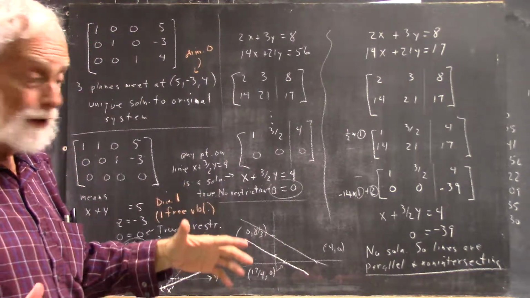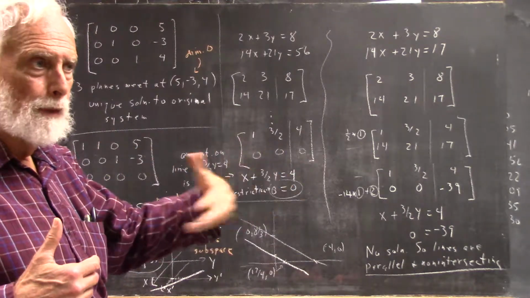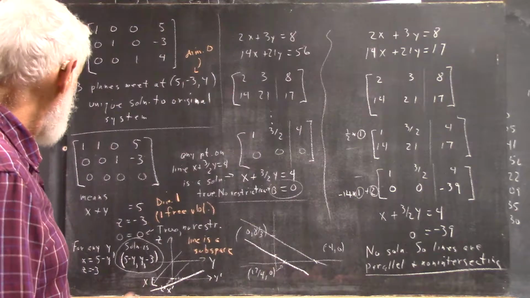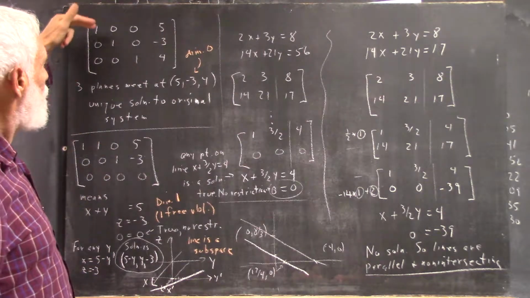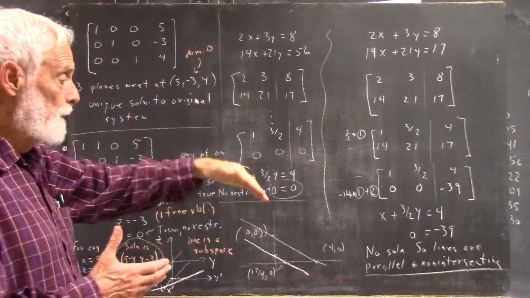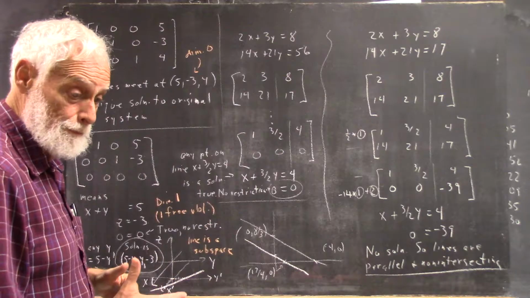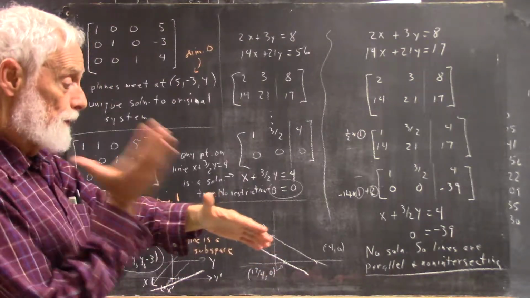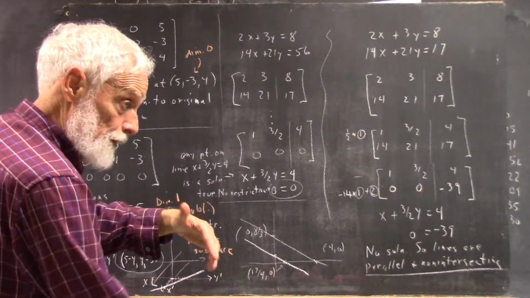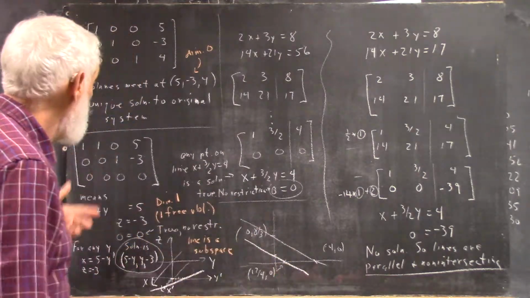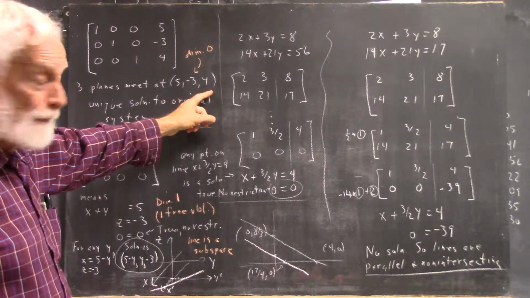We haven't talked exactly about how a linear equation in 3 variables describes a plane, but it does, and we'll talk about this. This plane intersects this plane along a line, and then this plane intersects that line, and at that point we have our solution, which is 5, negative 3, 4.